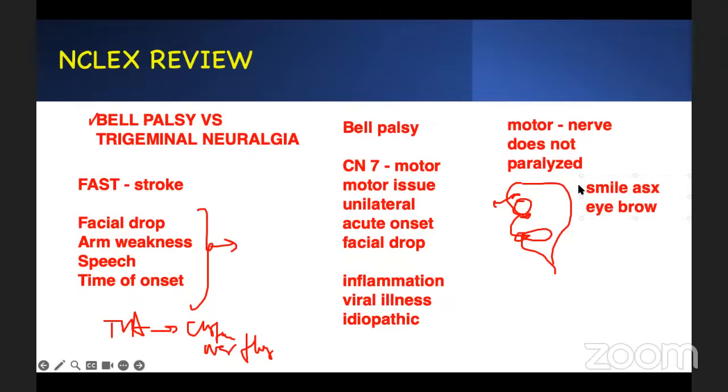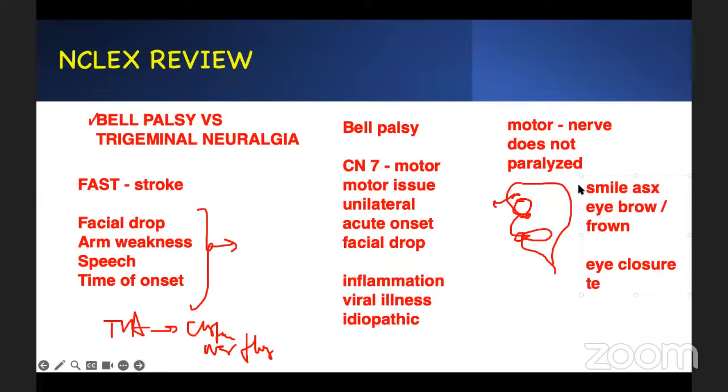You try to raise your eyebrow and try to frown, and you can't frown on that side. Now, you can't close your eyes, because the muscle for eye closure is affected, so eye closure is not possible.